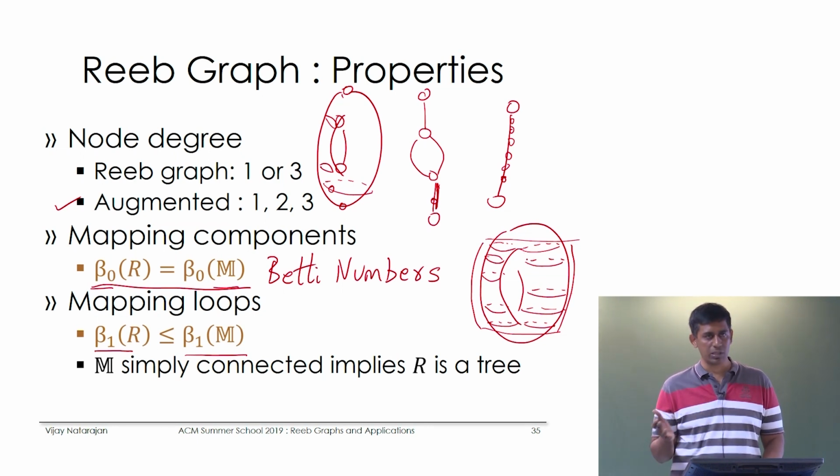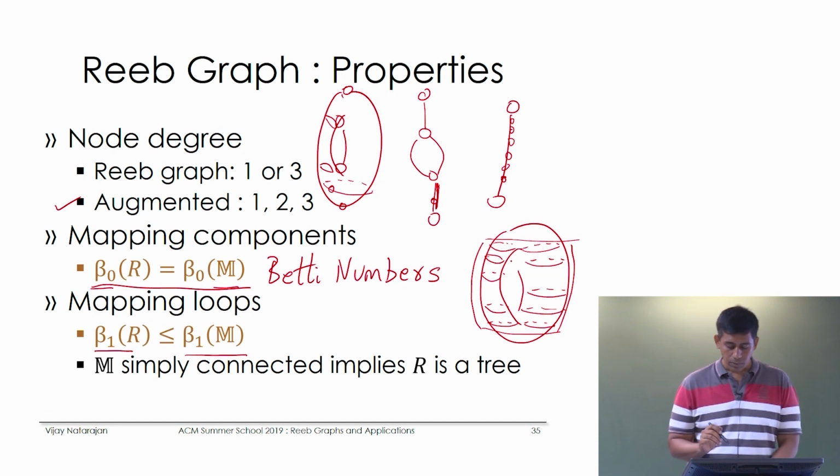So either it maps to a cycle in the Reeb graph or it maps to a straight line where the cycle gets squished. So clearly the number of cycles in the Reeb graph has to be smaller than the number of tunnels that you have in the domain. Does that make sense? Okay, fine.